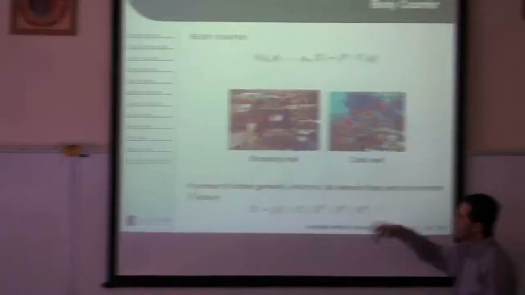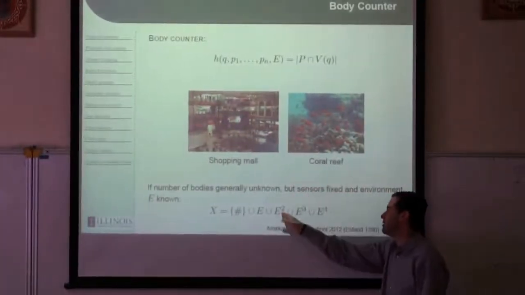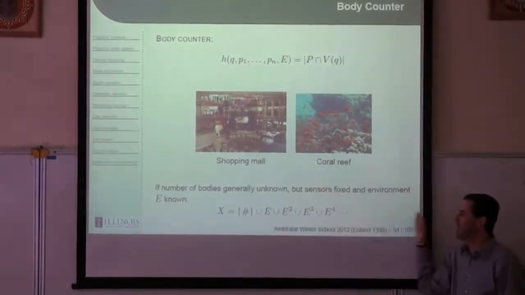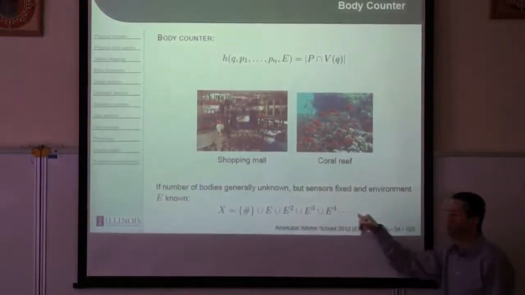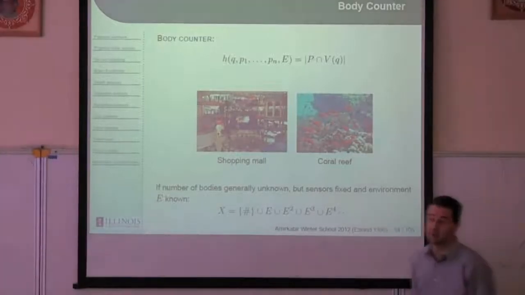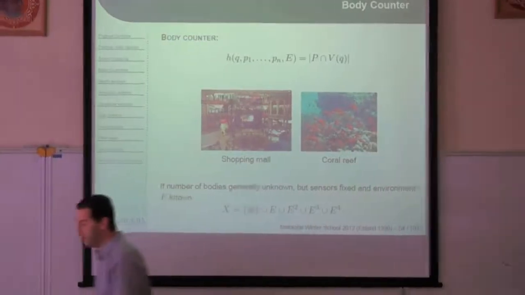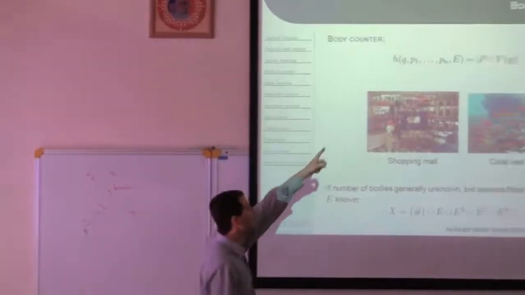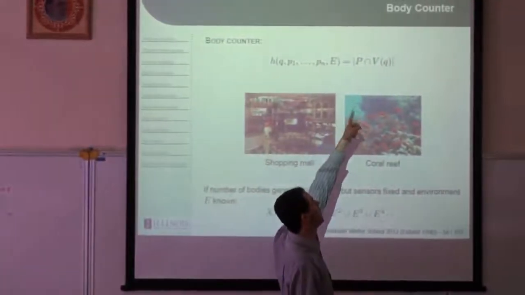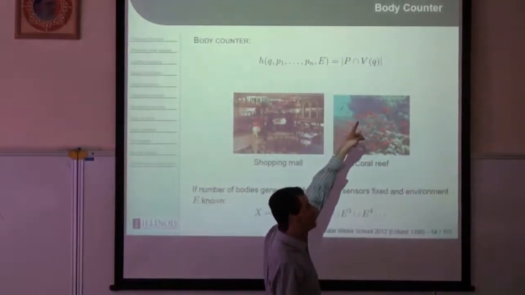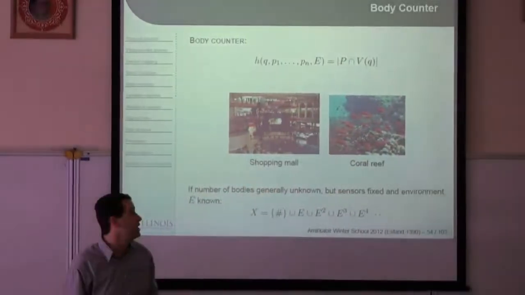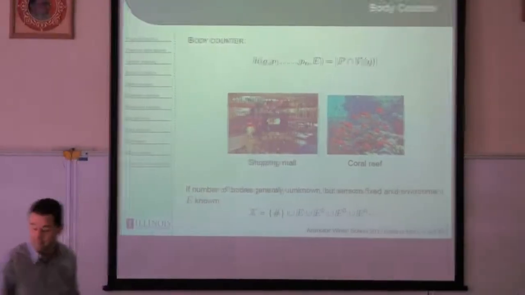I can imagine there are coordinates for each one of the bodies, but I don't know how many there are, so the state space gets a bit strange in that I have a union of Cartesian products that goes on indefinitely. But nevertheless, we can define such a big state space, and the sensor is very easy to define. It just says, how many of those bodies are in the visibility region, or detection region, V of Q. So just take the intersection and then take the number of them.